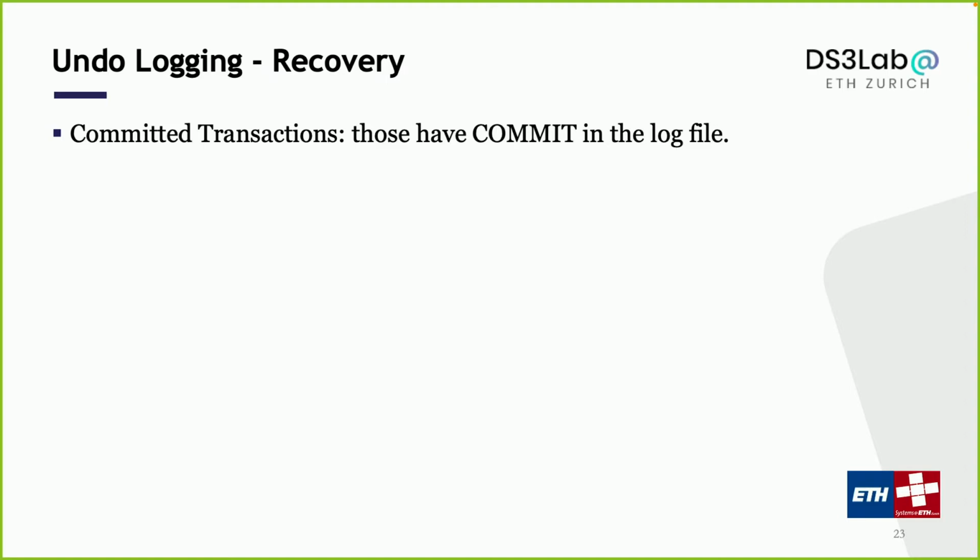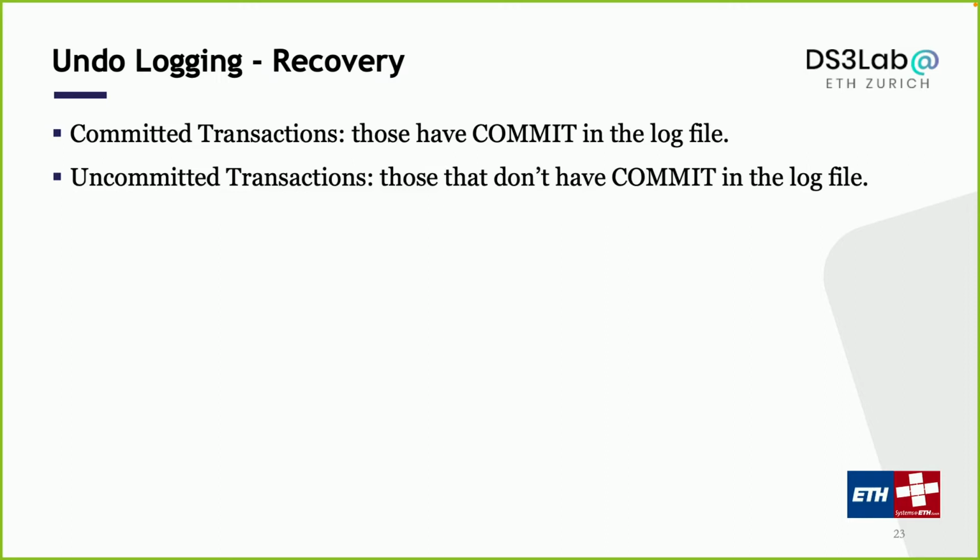When recovering, if a transaction was committed, then the commit record must be inside the log file when I reopen the machine. For the uncommitted transactions, they do not have this commit record in the log file.